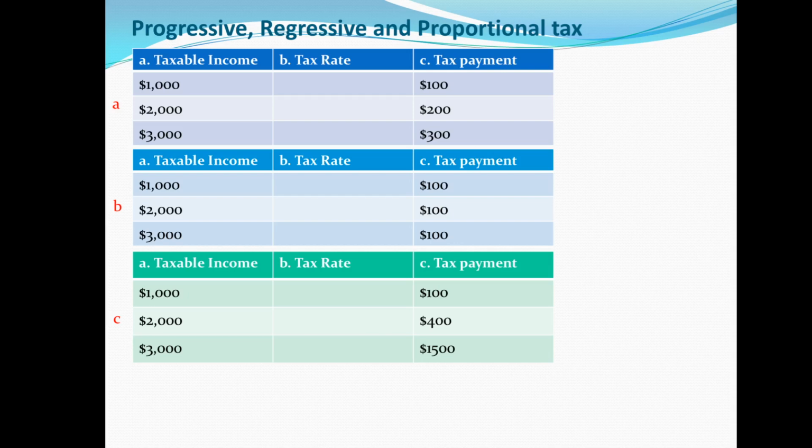A is proportional, definitely, when you look at the numbers here. B is regressive. When the income is increasing, you're still paying the same amount of tax payment, so the percentage should be getting lower and lower.